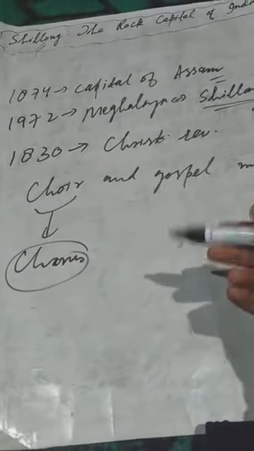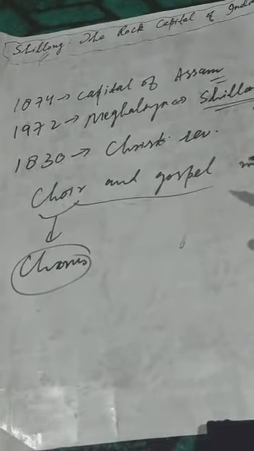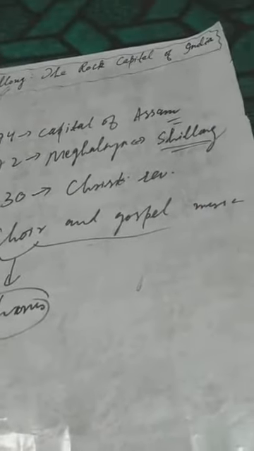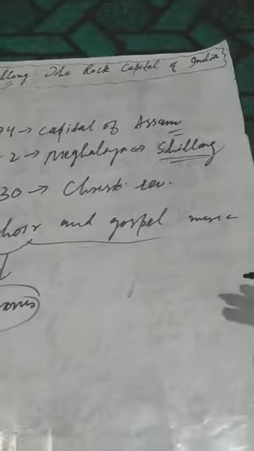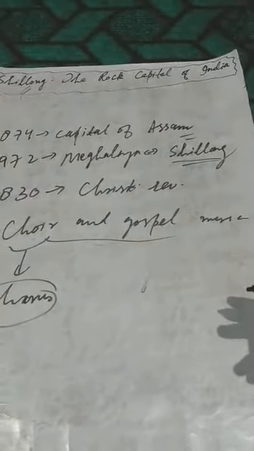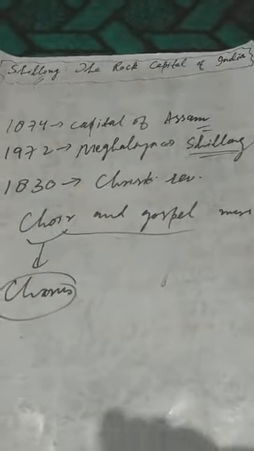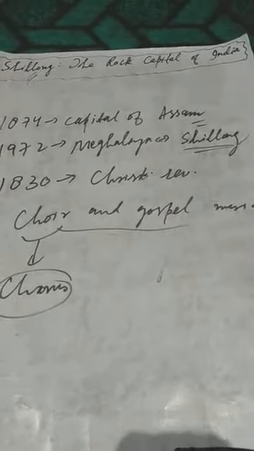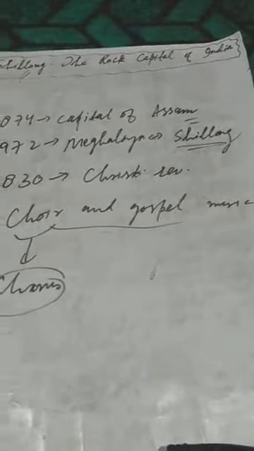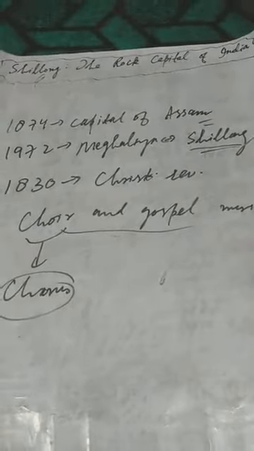Are you getting me? तो accordingly जो ये choir and gospel music है, actually it is a religious music here, and it contains all the views regarding Christianity. जो ये gospel music होता है, हाँ, that's how they propagate Christianity while singing.